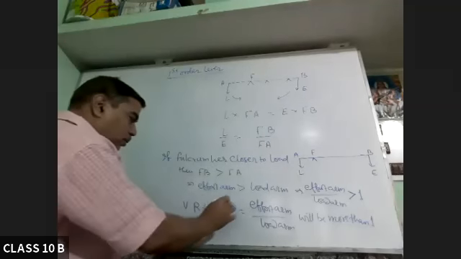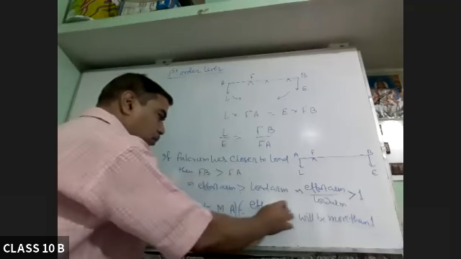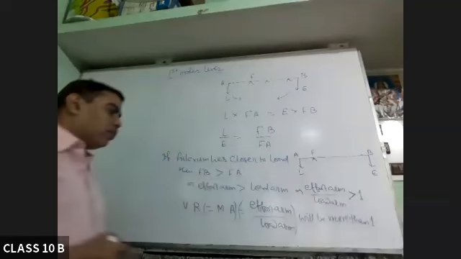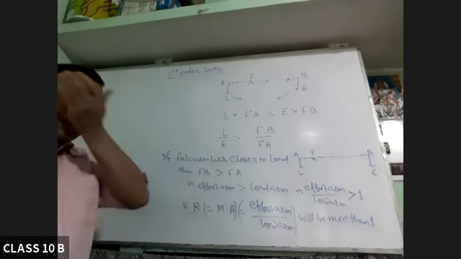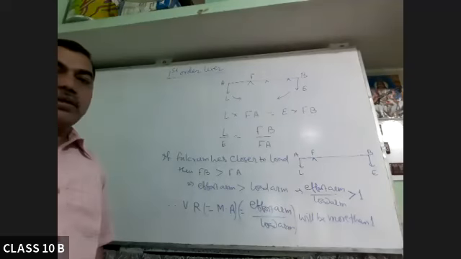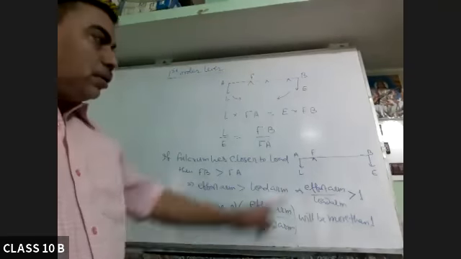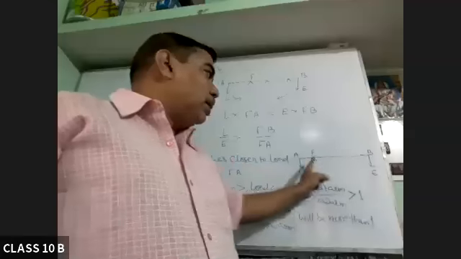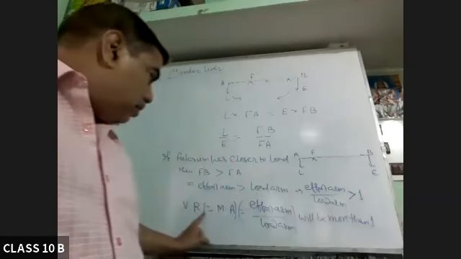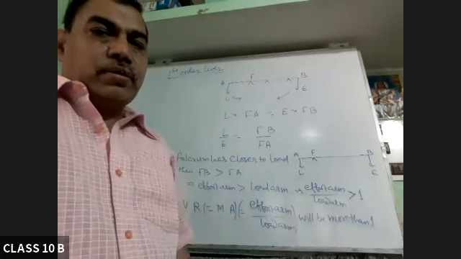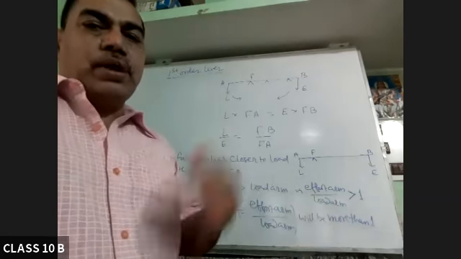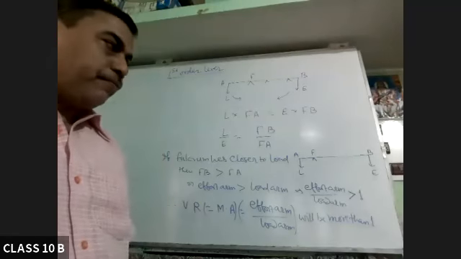So VR, which is also equal to MA, will be more than 1. If the effort arm is longer than the load arm, MA will be more than 1, meaning the load will be more than the effort.